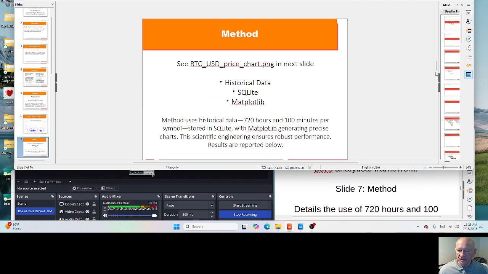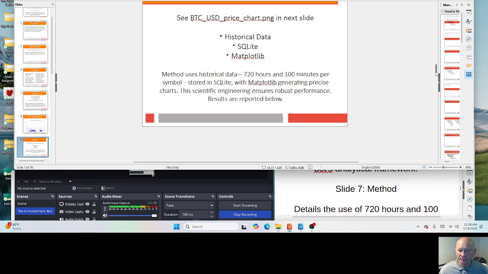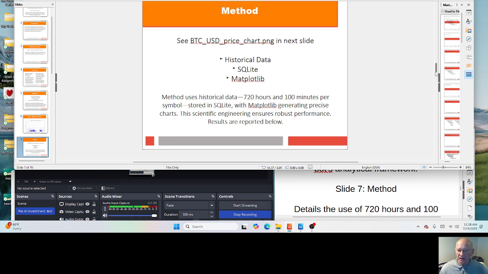Here we see a BTC USD price chart below in the next slide, showing historical data through SQLite using the matplotlib library. Method uses historical data, 720 hours and 100 minutes per symbol, stored in SQLite, with matplotlib generating precise charts.